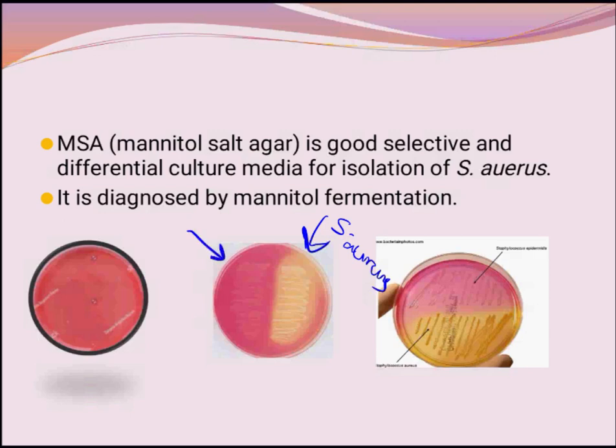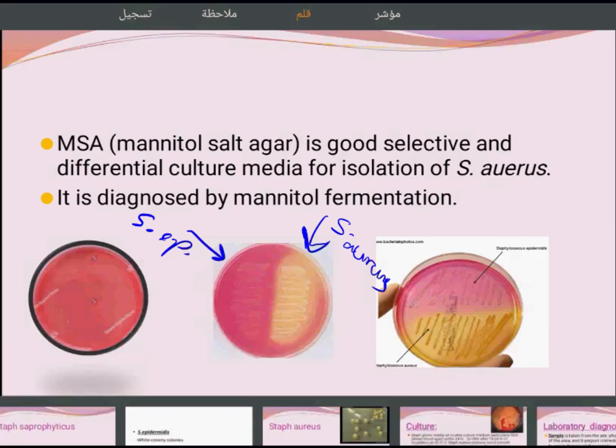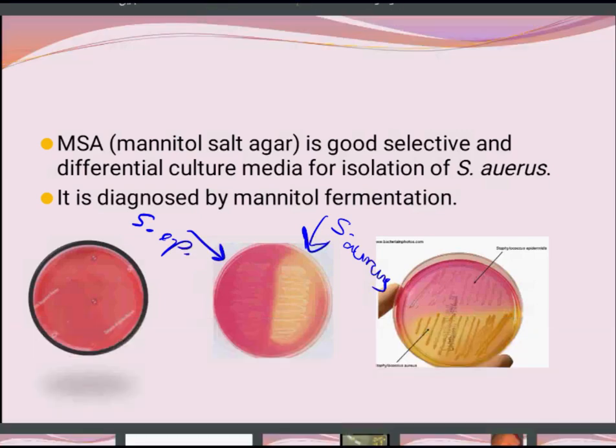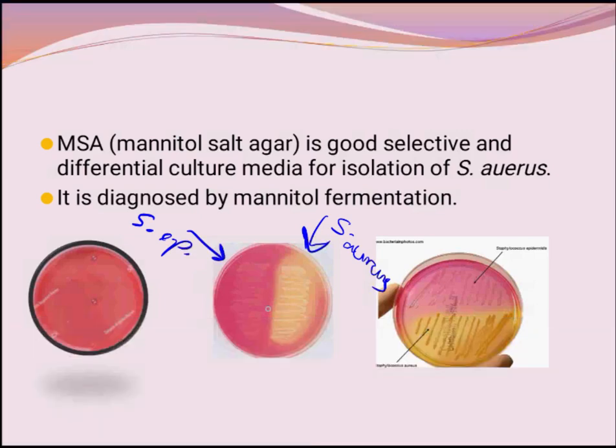While in the case of Staphylococcus epidermidis or other staphylococci, the microorganism grows on this culture medium because it can tolerate the high salt concentration, but it is not a mannitol fermenter, so there will be no change in the color of this culture medium.